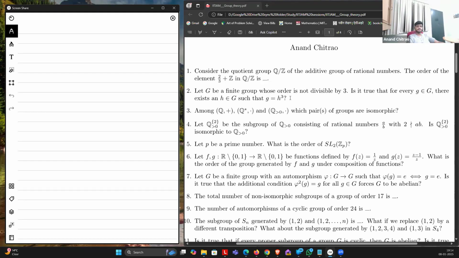What's the idea? Let's look at the identity element e, you can't find an h. Not for every group whose order is not divisible by 3.